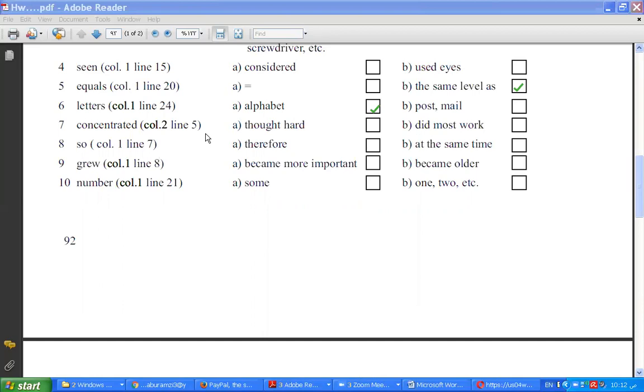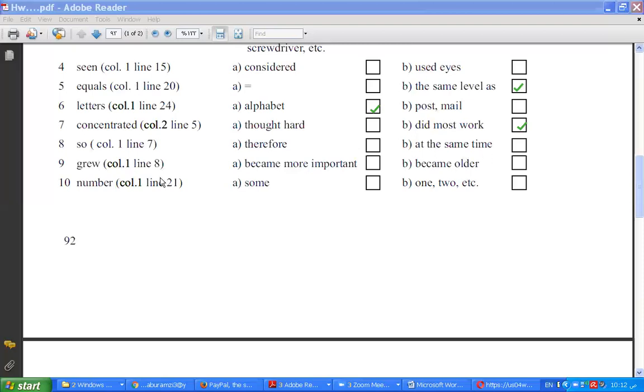Concentrated means thought hard, or did most work. Did most work in this paragraph. Concentrated does not mean they thought deeply; it means the study focused on the idea that most of its work or effort was in something. So, when we say "so," it means therefore or at the same time.